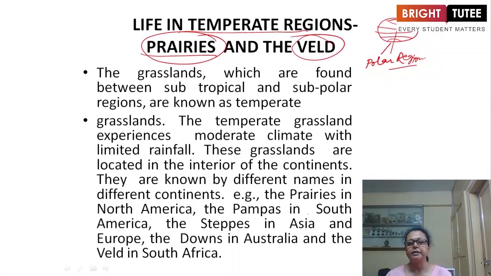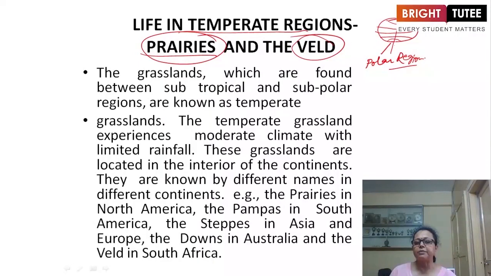The same way, equator, then Tropic of Capricorn, then frigid zone, southern frigid zone, and the poles. Poles is at 90 degrees. So what it says is where the temperate zone is, and the subpolar, not exactly on the pole, but on the polar region. Subpolar region means not at the poles but below that, towards the frigid zone. It is known as the subpolar region.